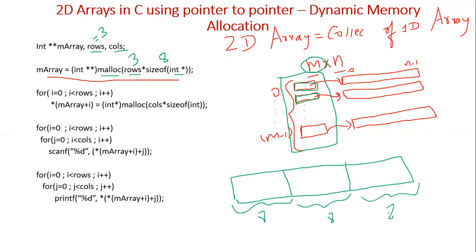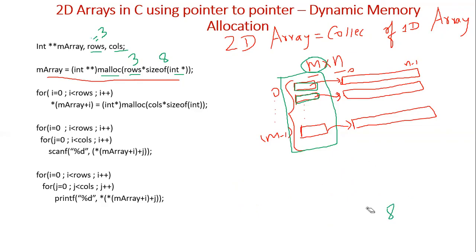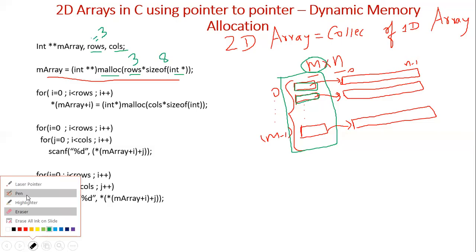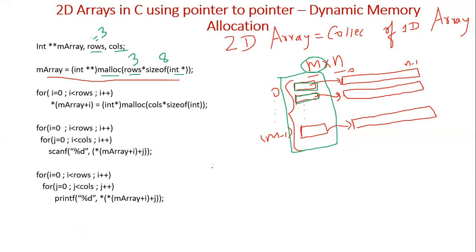Let me put it column-wise so that it is convenient for understanding. So 24 bytes of memory is created because we assumed rows as 3. This is one set of 8 bytes, this is another set of 8 bytes.